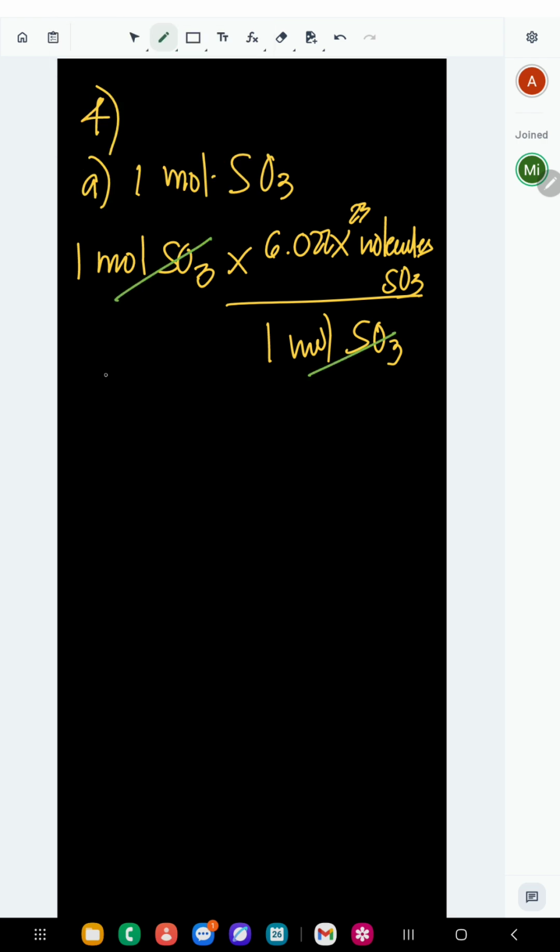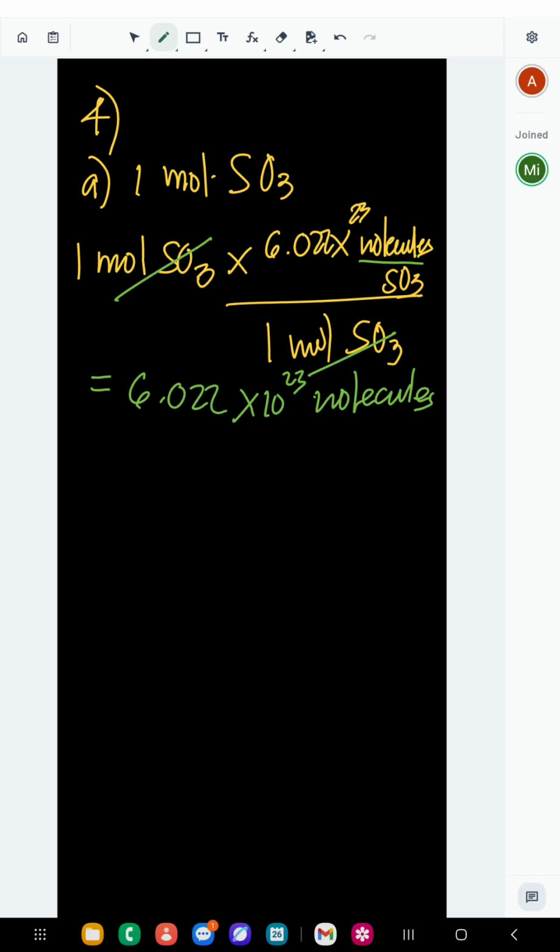So 1 mole is 6.022 times 10 to the 23rd molecules.